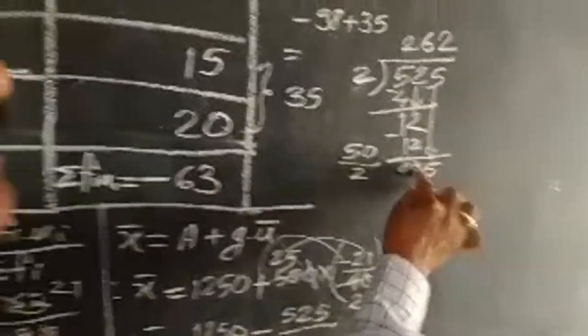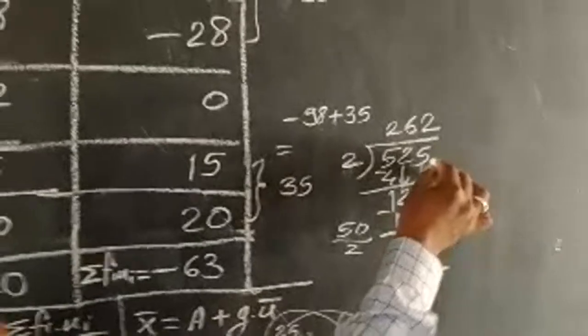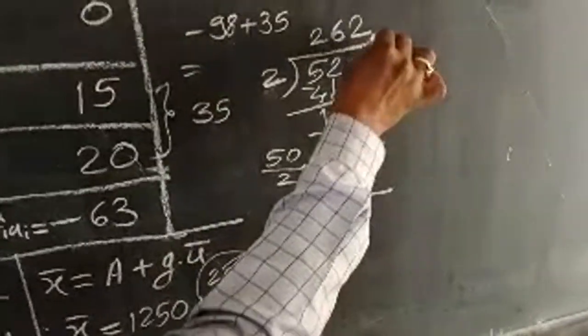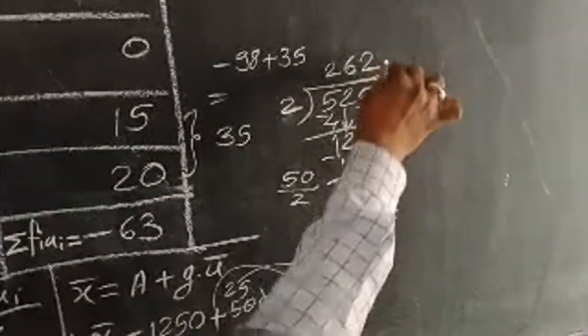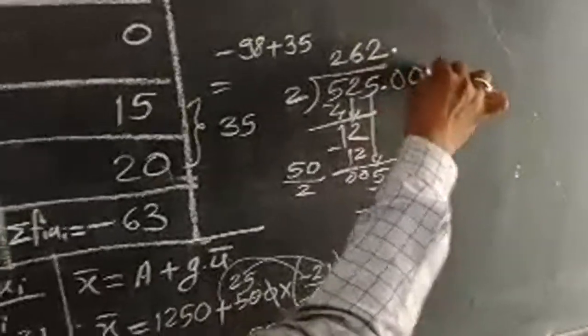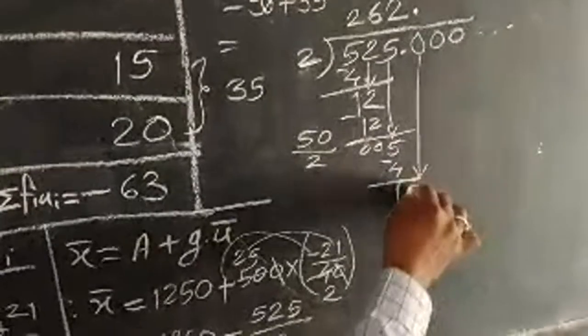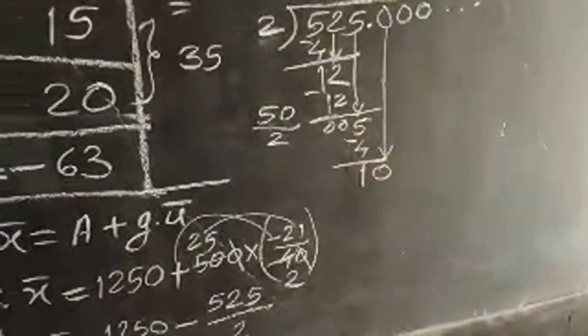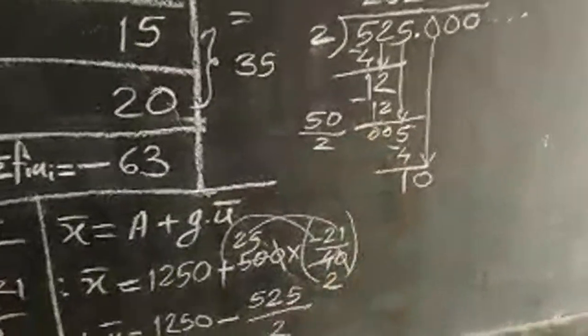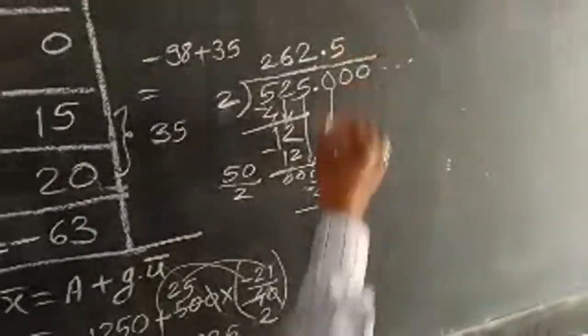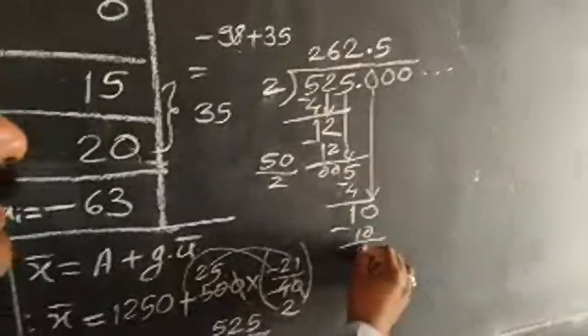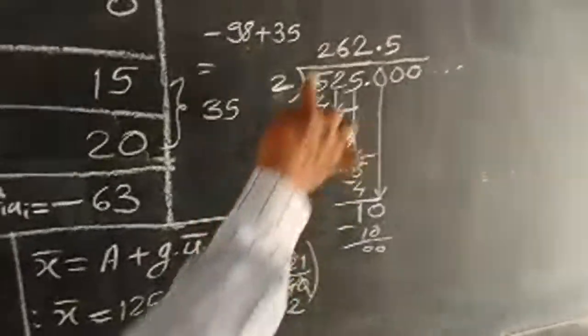Here the decimal point is present, we put the decimal point here, and infinite zeros are there. Out of that, one zero we consider here. 2 divide into 10, 2 fives are 10, and subtraction is 0.